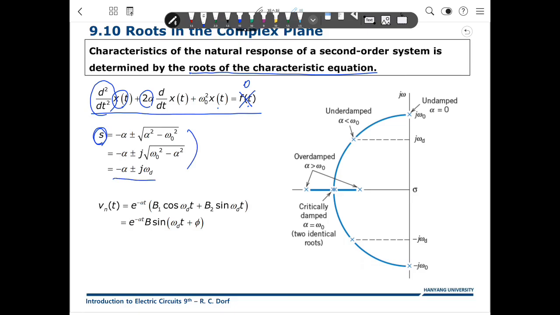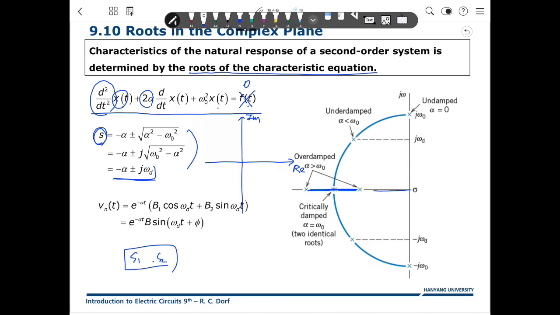S is a kind of complex number, so we can represent this complex number in the complex plane here. This is the real axis and this is the imaginary axis. When overdamped, the roots are real numbers. So S1 and S2 are real variables, placed over here.